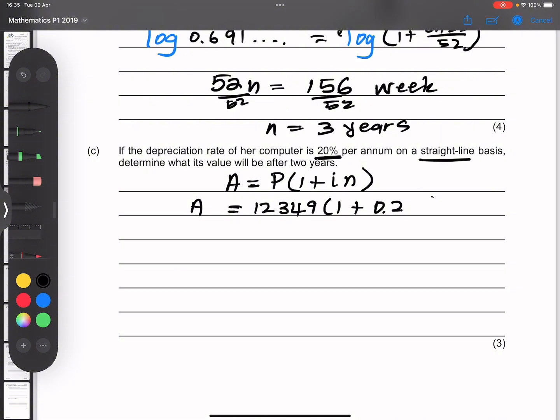So this is 0.2 multiplied by, remember, we want to know after 2 years, so n would be 2.